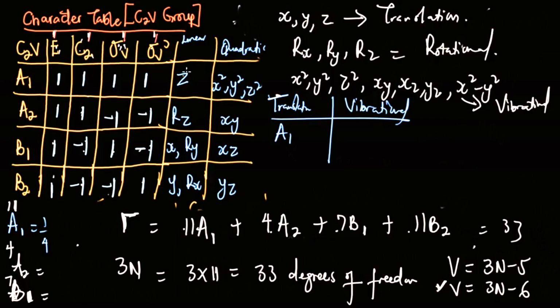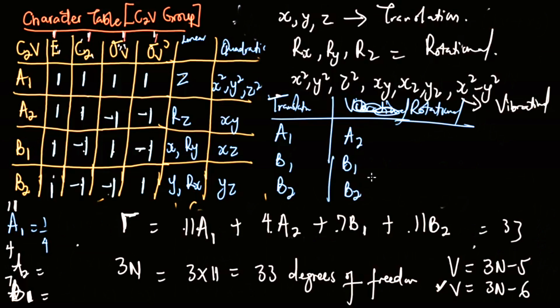So this one is translational. We also have another translational here, B1, and another translational here, B2. Rotational rather, this is rotational. Let's write it here. We have A2, B1, and one here B2, right?